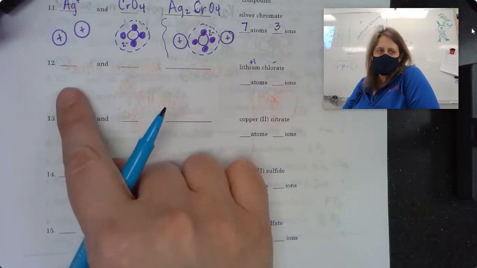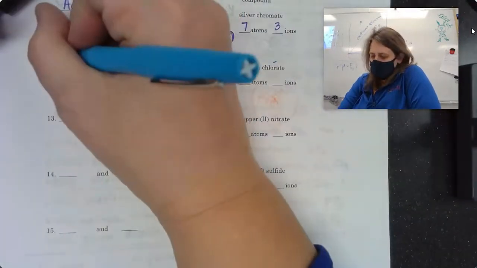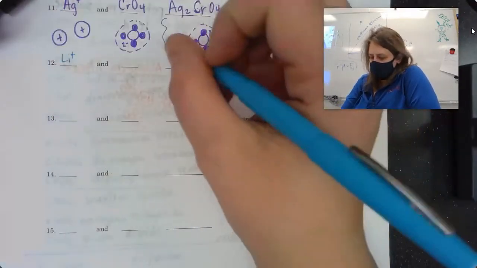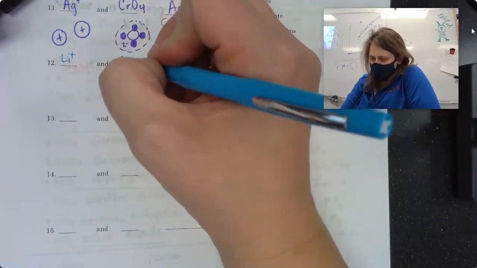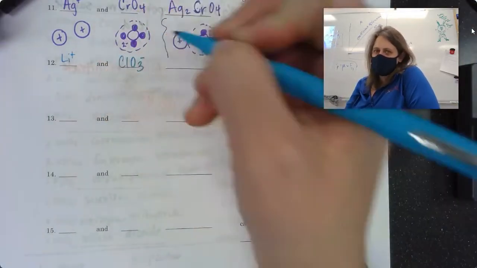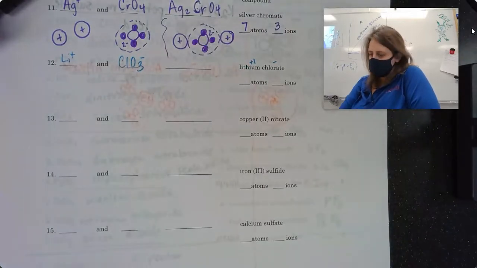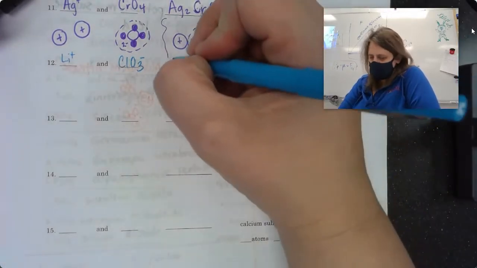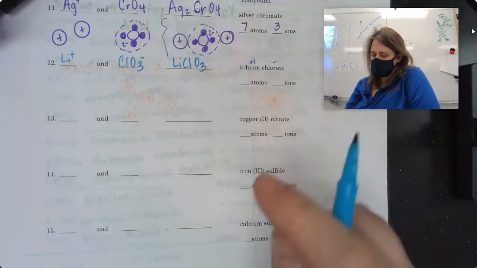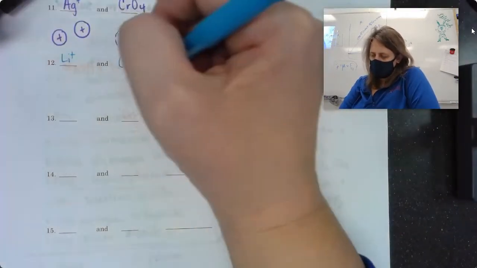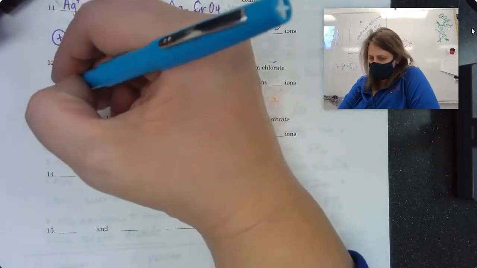So when we break it apart into ions, we're going to have Li+ and chlorate, which is ClO3-. So our total formula is going to be LiClO3. We're going to just need one of each.